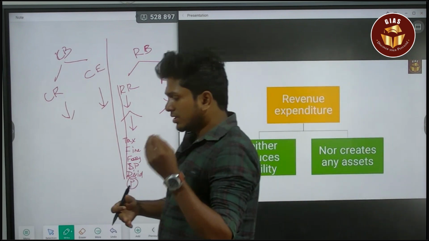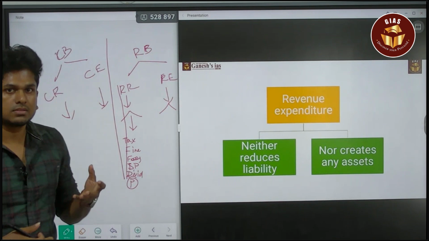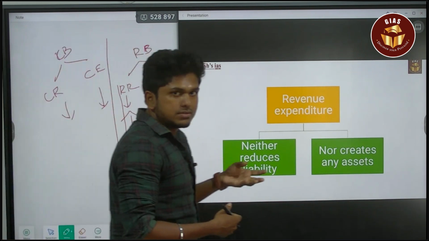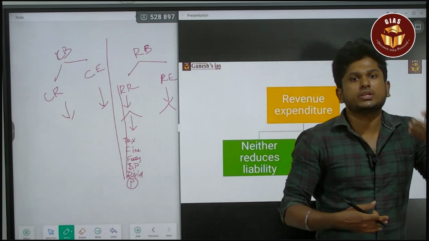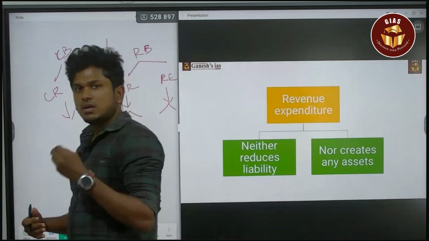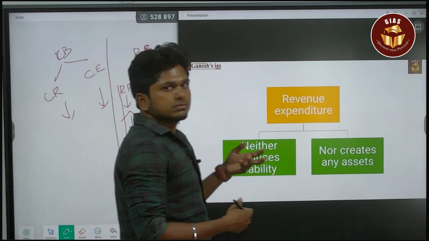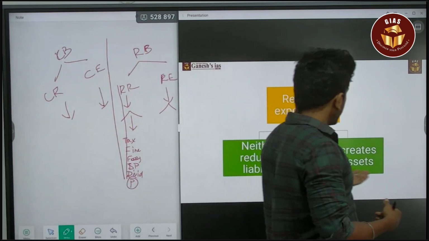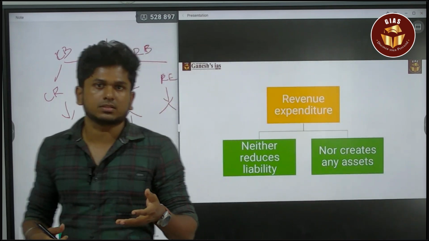For example, the government is paying salaries, giving pensions, providing subsidies. So all these things come under the revenue expenditure. It is not going to create any infrastructure, any dams or metro lines or railway lines. Okay, so it is not creating any asset. So that is called as revenue expenditure.